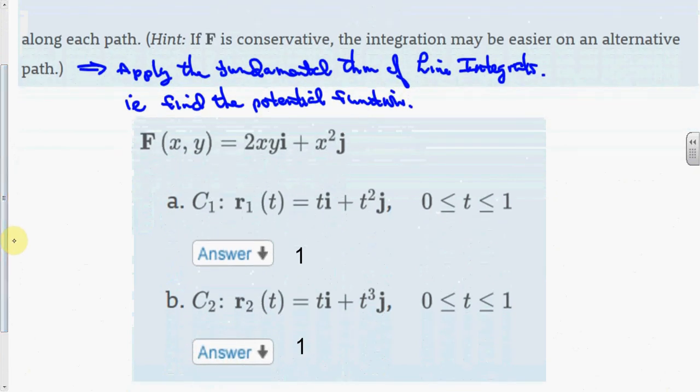So here, let's check: the partial of M with respect to y is 2x, and the partial of N with respect to x is 2x. It's conservative. So I need to find the potential function.